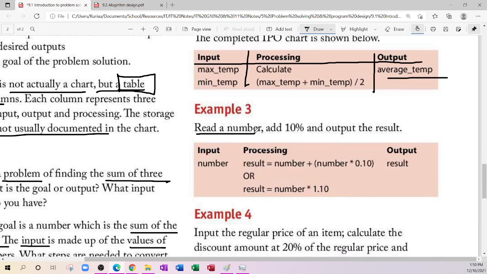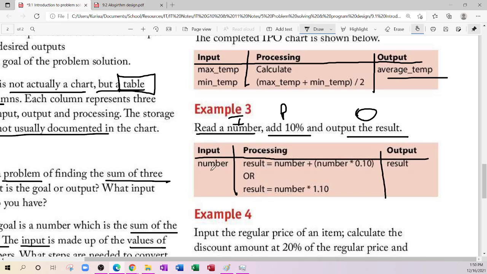We're going to read a number and add 10%. So this is our input, adding 10% is our processing, and output the results, that's our output here. So, table, input, we're going to input the number. Processing, we do our calculation here, result is going to equal number plus, remember we're adding 10% to the number.